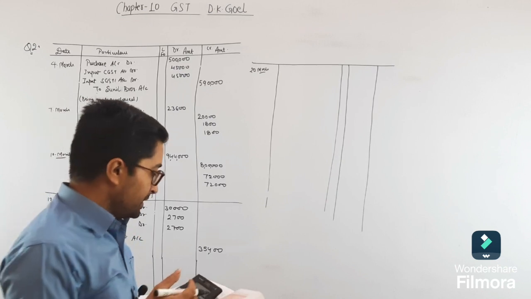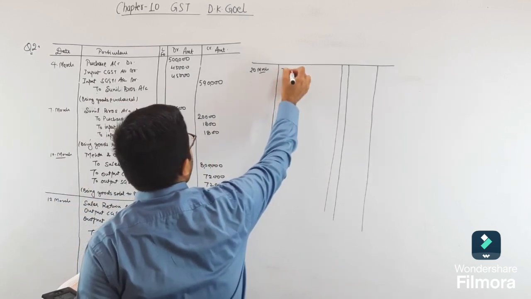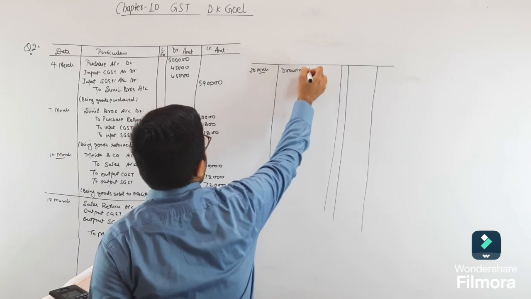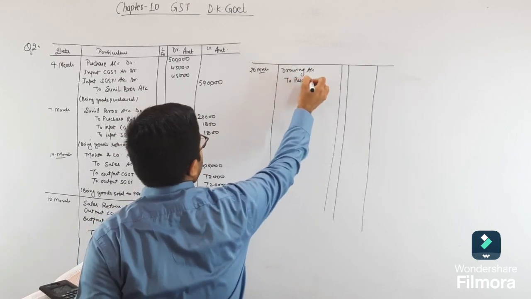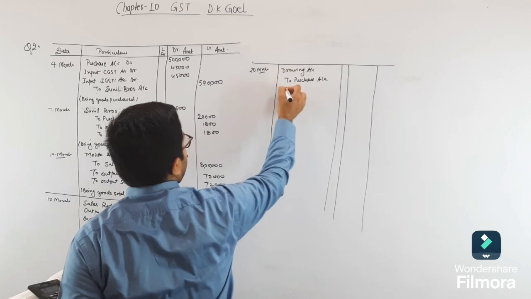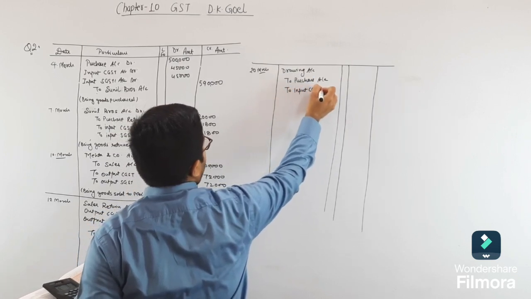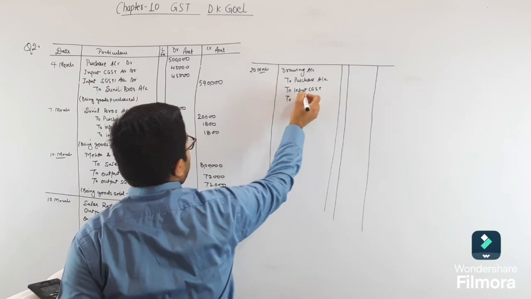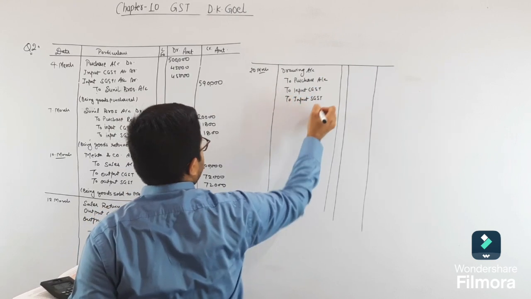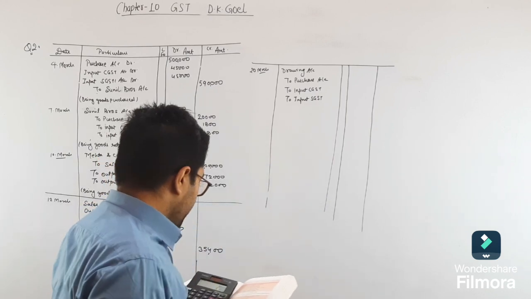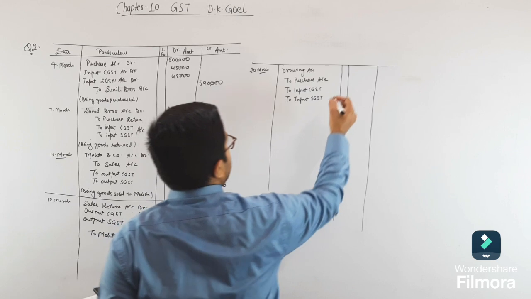So in that case, the entry will be drawings account debit to purchase account, to input CGST, to input SGST. The goods withdrawn by the proprietor are of value 10,000.